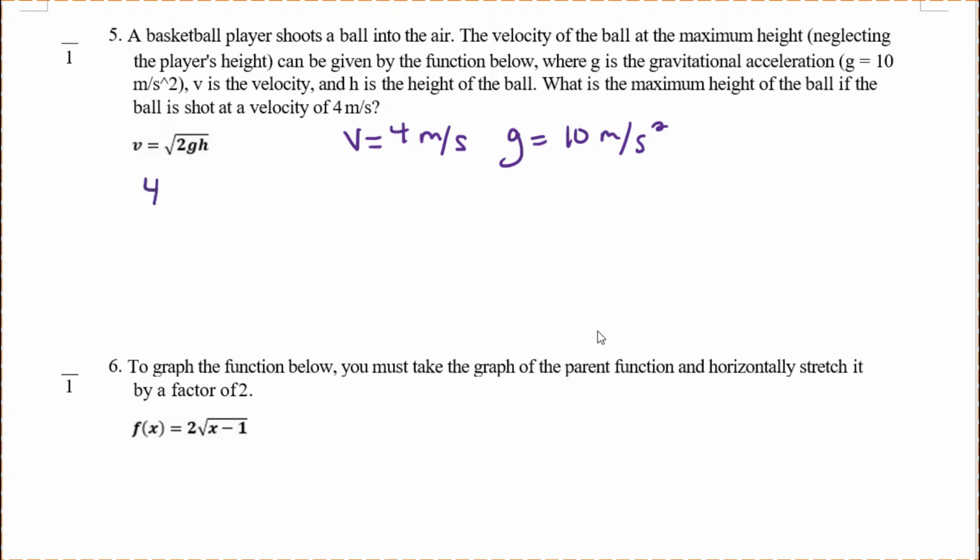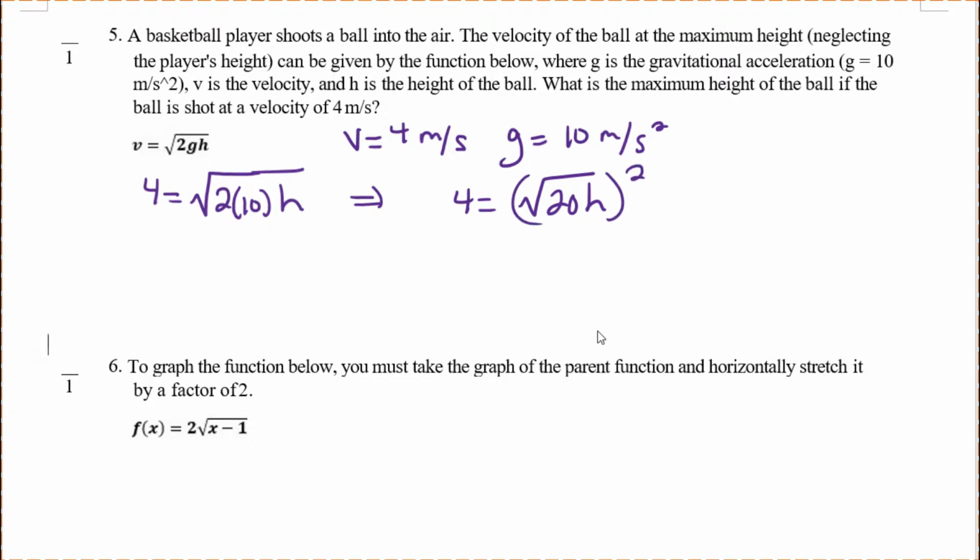So we have 4 equals square root of 2 times 10 times h. So we have 4 equals square root of 20h. So we've got to get rid of the square root first. So we're going to square both sides. That leaves us with 16 equals 20h.